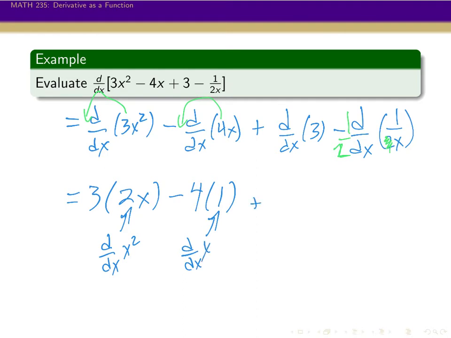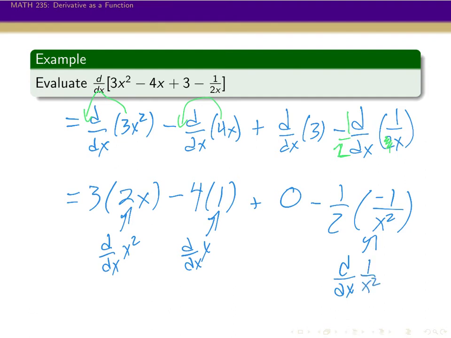Plus, well, here I'm just taking the derivative of a constant, and the derivative of a constant is 0. And then lastly, I have minus 1/2 times minus 1 over x squared, because that's the derivative of 1 over x squared.